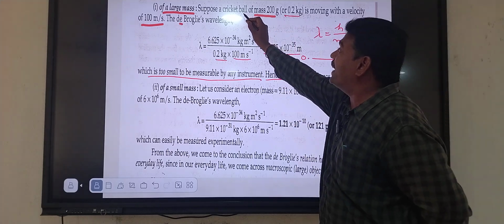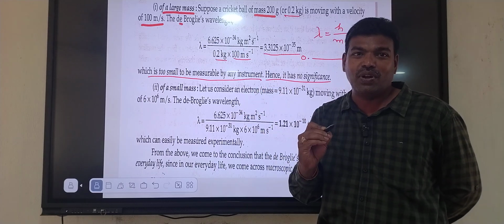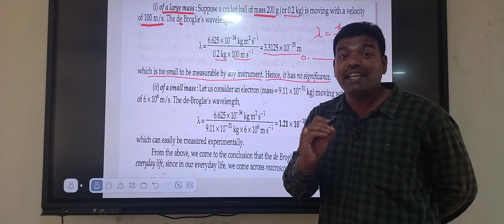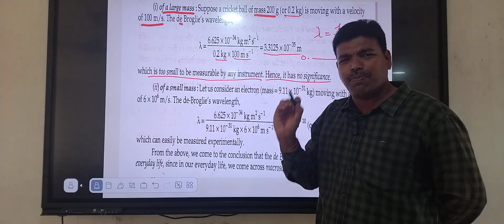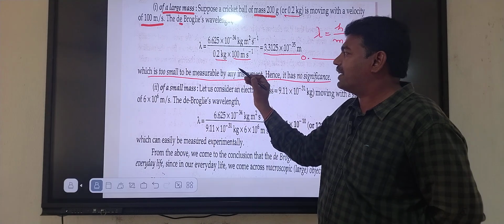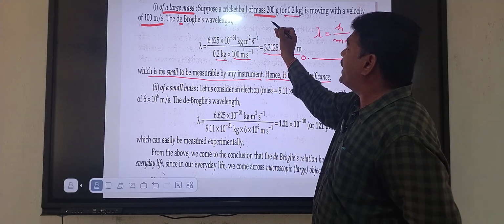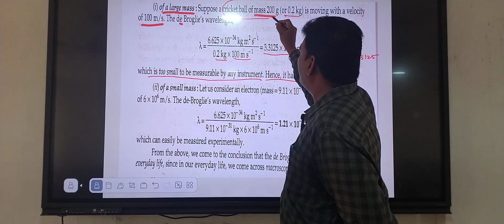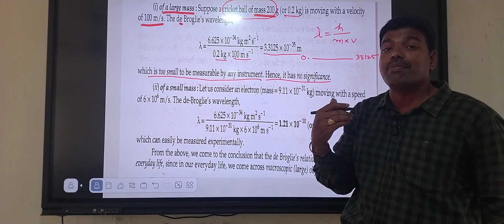That means a cricket ball also possesses a wavelength, but its wavelength comes out to be very small, and it cannot be measured by any instrument. So the cricket ball is an example of a macro object which has a considerable mass.